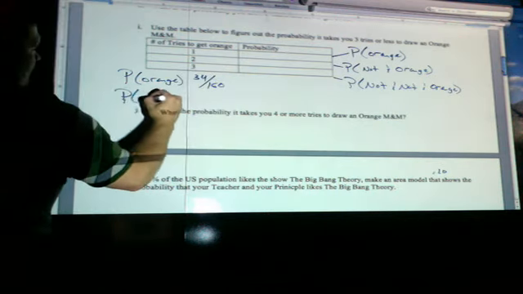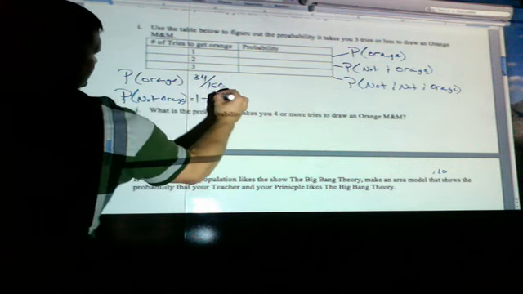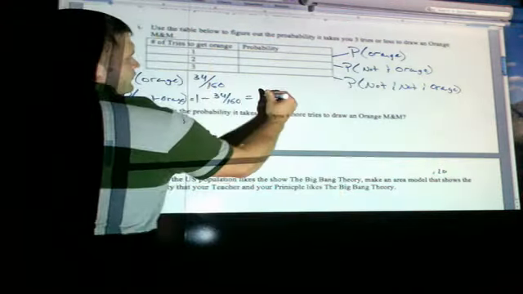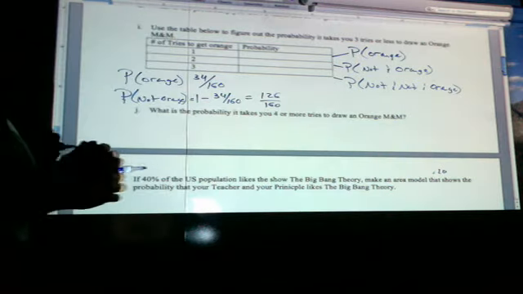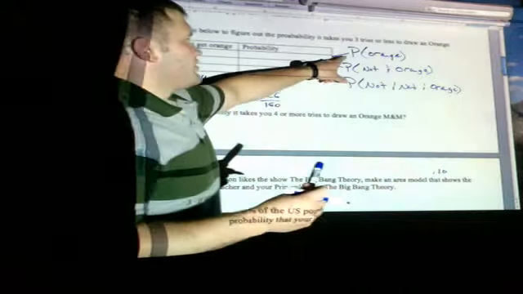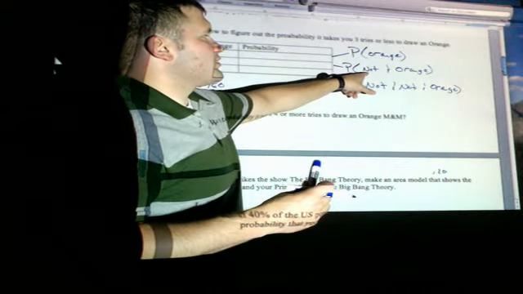It's 34 over 160, so the probability of not orange is 1 minus 34 over 160, which is 126 over 160. You can reduce them if you want to; you'll get the same answers. For this one, it's just going to be 34 over 160. For the second try, I got not orange first, so 126 over 160 times 34 over 160.